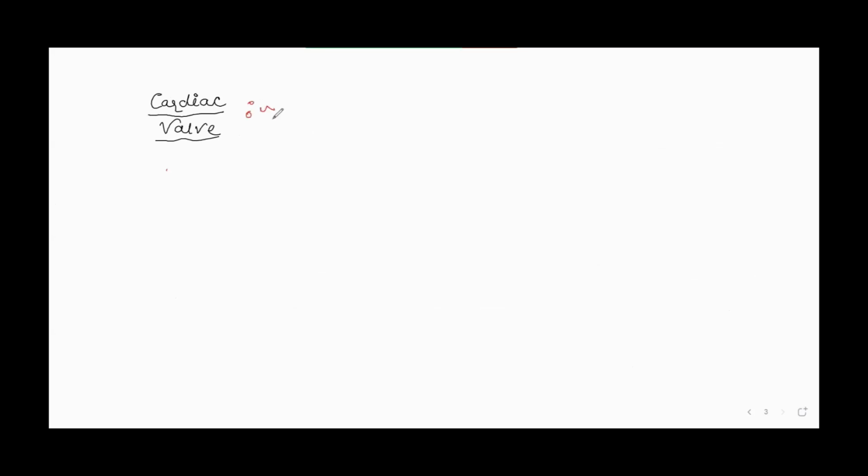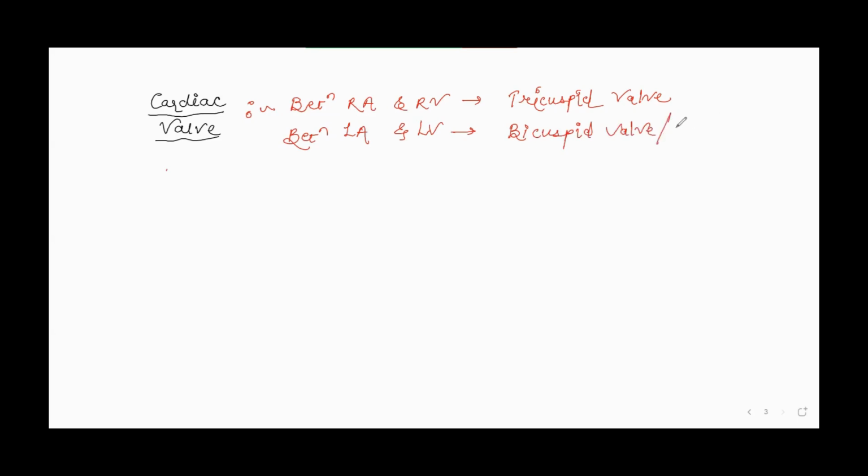In the human heart, between the right auricle and right ventricle, we observe the tricuspid valve. Between the left auricle and left ventricle, there is a bicuspid valve, which is also known as the mitral valve.